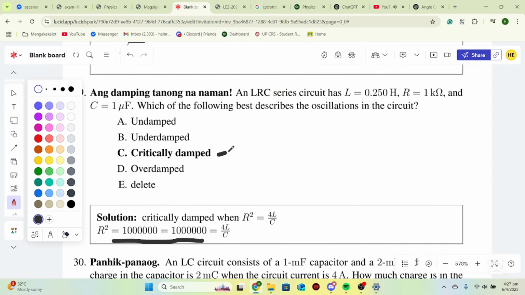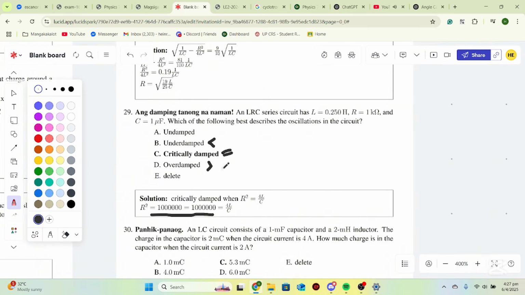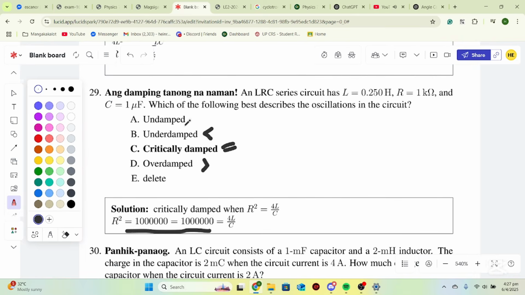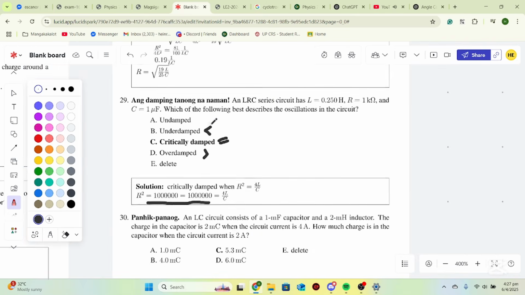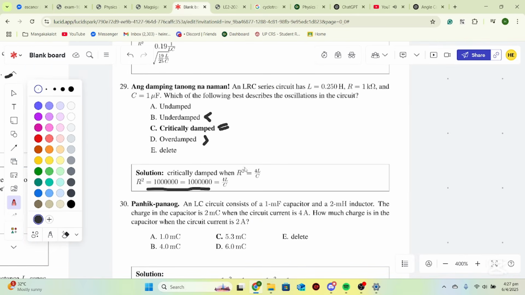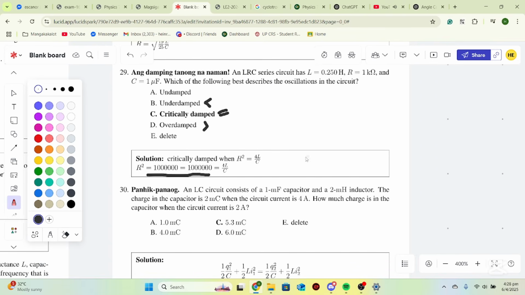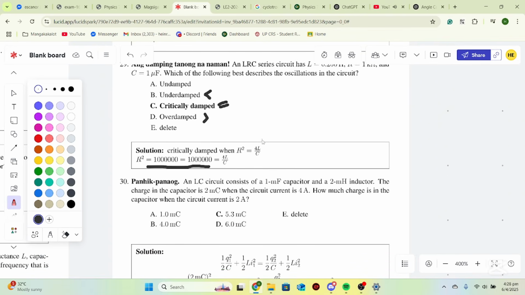That means it's critically damped. If R squared is less than 4L over C, it's underdamped, and if it's overdamped, it's greater than. So this is a good thing to remember. Undamped is like if it's zero. If it's equal to, it's critically damped. Underdamped is less than, overdamped is greater than. R squared equals 4L over C.